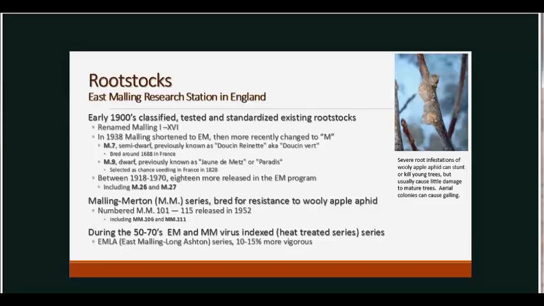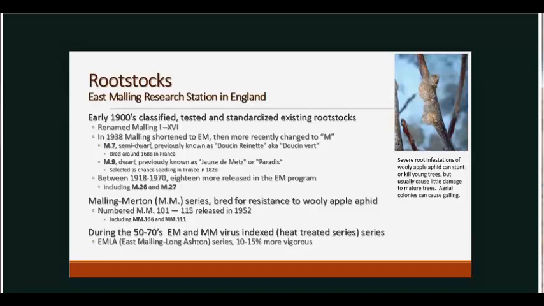But it was in the early 1900s that the East Malling Research Station gathered up all of the available rootstocks that were being used at the time and started sorting through them, testing them, and categorizing them. And so they came out with a classification system. They came out with what are called Malling rootstocks, and there were 16 of them.